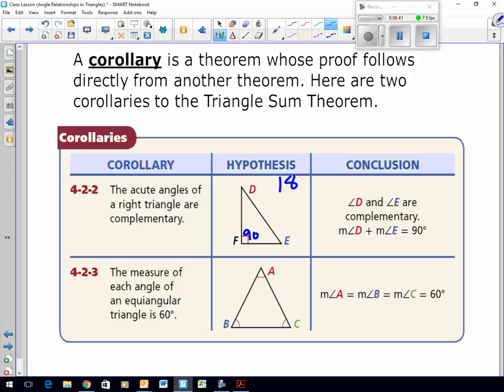So if every single right triangle has a right angle in it, and every triangle has 180 degrees in it, the non-right angles of a right triangle always have to have a sum of 90 degrees. See why we call that a complementary angle, or complements?